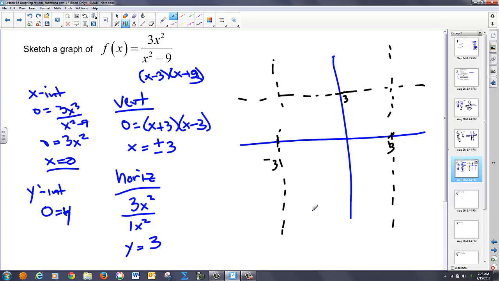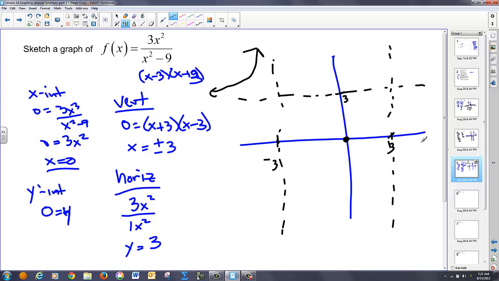Sorry, they aren't totally straight. Put in my intercepts. And now, again, I've got a lot of clues in this problem. I know this is the only place it hits the axis. Not anywhere over here, not anywhere over here, which tells me that in the leftmost part of this graph, since I can't cross this axis because there's no calculated x-intercepts, the graph has to be up here.